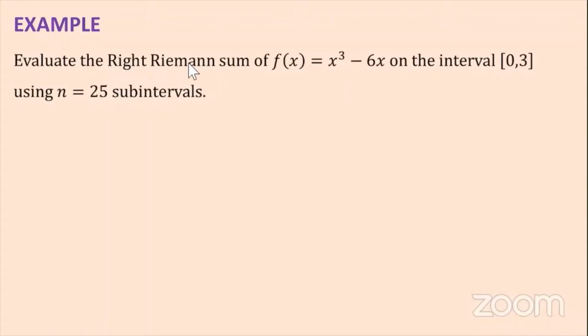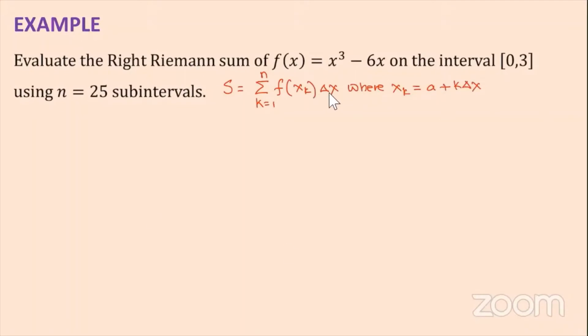So the formula to find the Riemann sum is equal to the summation k equal to 1 through n of f of xk times delta x, where xk is a plus k delta x. So we are going to find all the requirements first, and then we'll fit them into this formula.